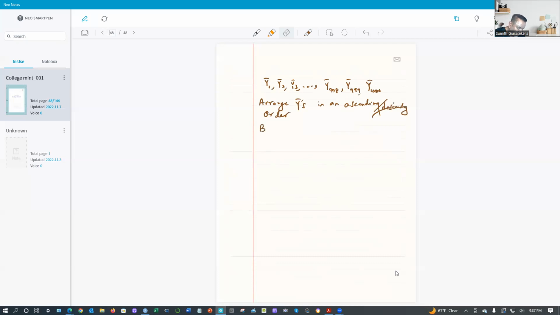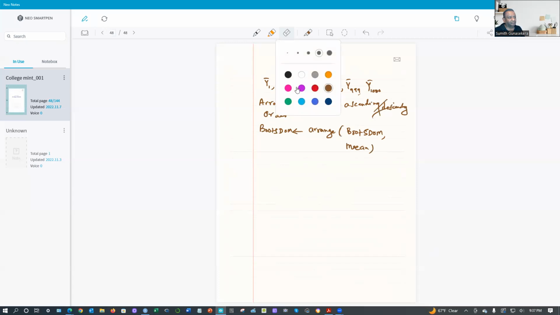I'm going to arrange in ascending order and put it back into the same thing. The arrange function will do that. You go to the data frame, boot SD of means, then you go to the variable. So this is the data frame.